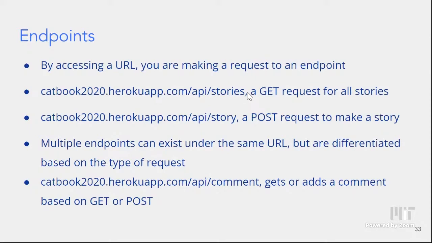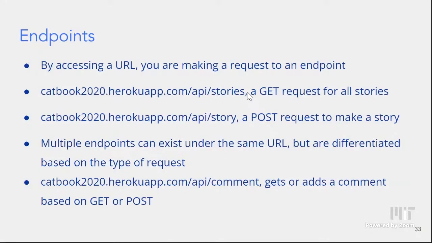So some specific cat book related endpoints that we'll have later: we'll have some stories endpoints that we can send GET requests to, and we can have a story endpoint with POST requests. Now, we didn't technically have to make those two separate endpoints.